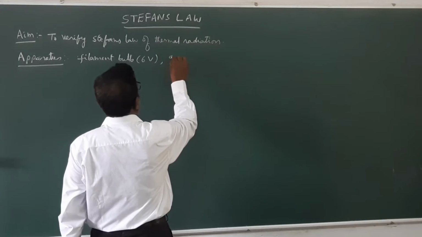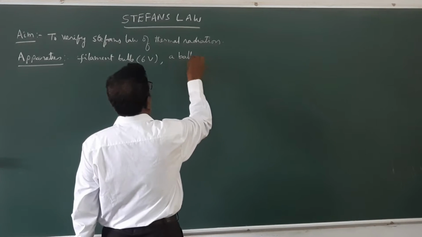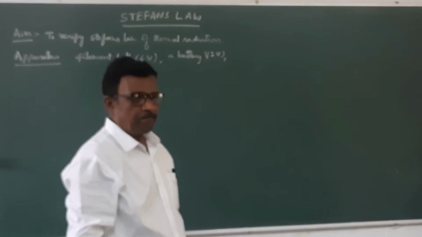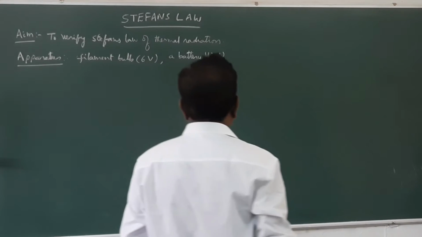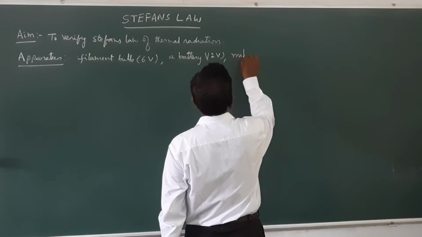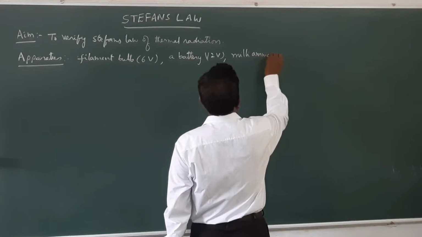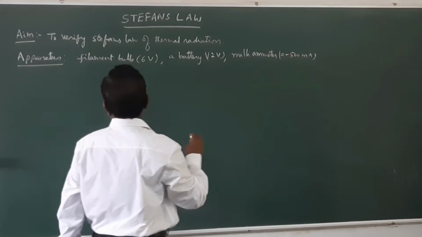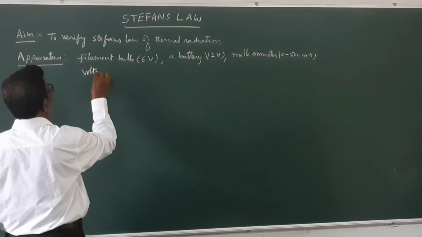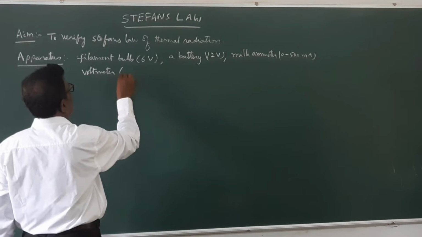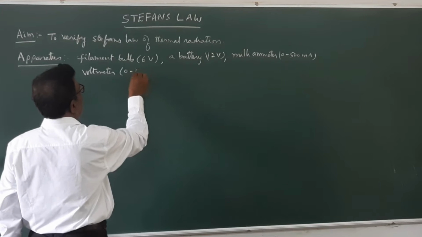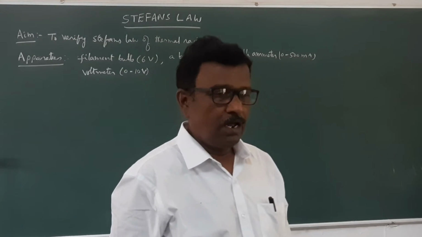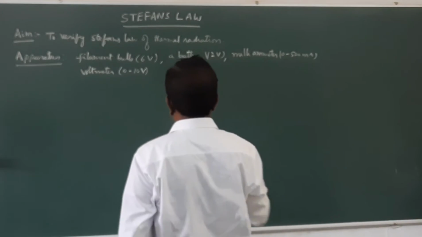A battery, a battery illuminator, a milliammeter, zero to 500 milliampere, a voltmeter, say a 0 to 10 volt or 5 volt, a plug key and a resistor.